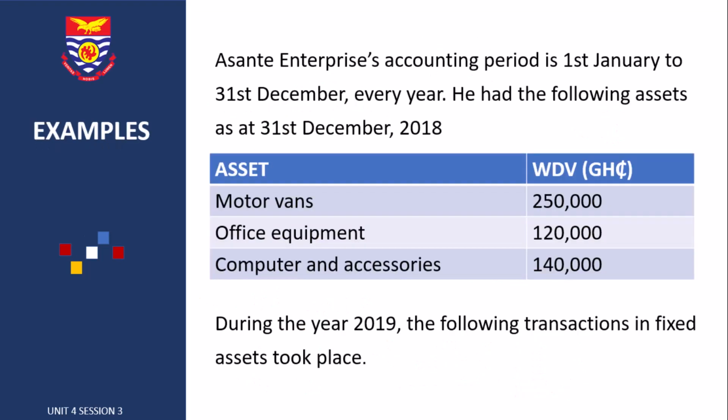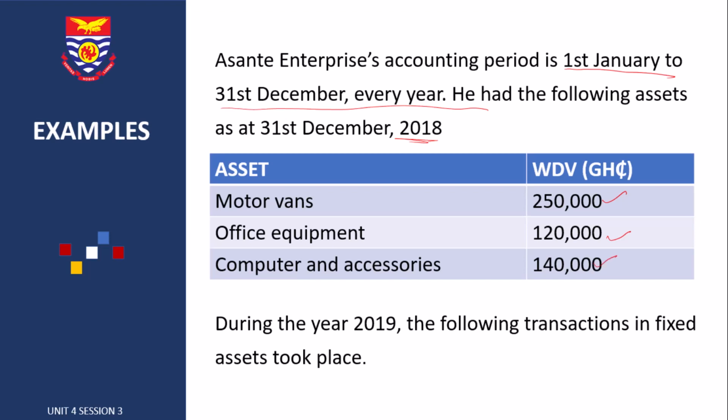Now let us look at an example where we have a lot of assets from different classes. Asante Enterprise accounting period is 1st January to 31st December every year. He had the following assets as at 31st December 2018. Motor van 250,000, office equipment 120,000, computer and accessories 140,000.